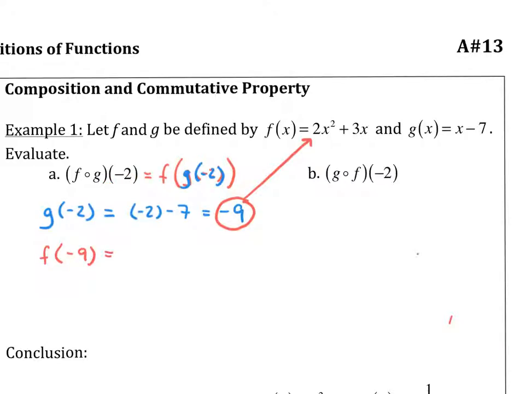And now we're going to evaluate. So 2 times negative 9 squared plus 3 times negative 9. Remember, when we multiply here, we have to exponent first. So 2 times 81 minus 27. And you can finish these 2 steps up as 135.